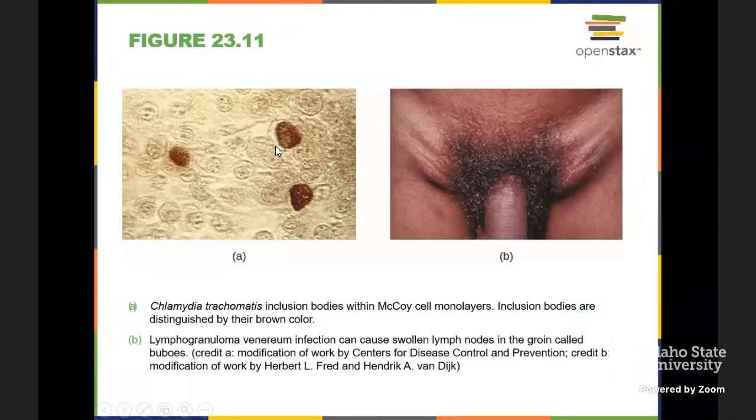And they replicate, deplete all of the nutrients within that cell, destroying it, rupturing out, releasing more of these reticulate bodies to infect new cells, and it keeps going. Here we could see some swollen lymph nodes, lymphogranuloma venereum, as a result of chlamydial infection. And we call these buboes. Bubonic plague, similar deal, but Yersinia pestis causing the swollen lymph nodes instead of chlamydia.